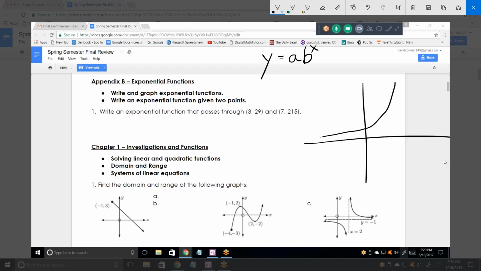Now they give us 2 points. They give us a point right there, (3, 29), and they give us another point up here, (7, 215). So how am I going to figure out what a and b are?